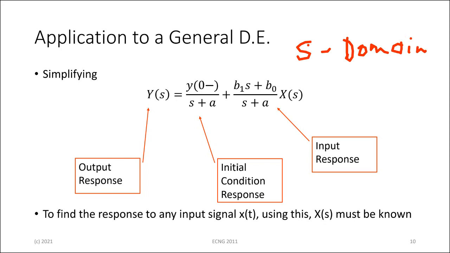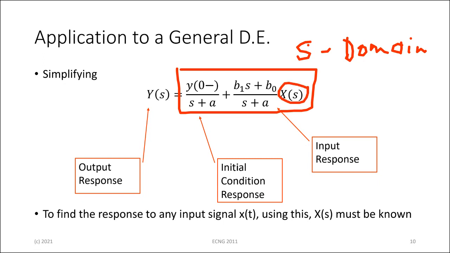And in the S domain now, the output response, Y(s), is given by this two-part expression. One part has to do with the initial condition, and we call that part the initial condition response. The other part depends on X(s) alone, which we call the input response.